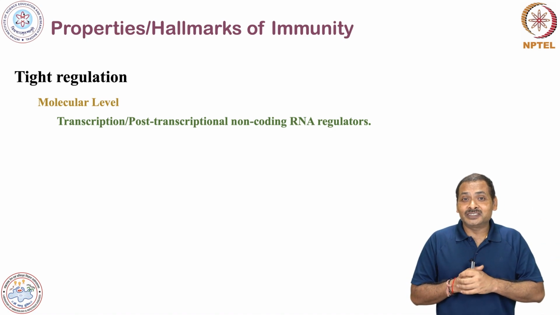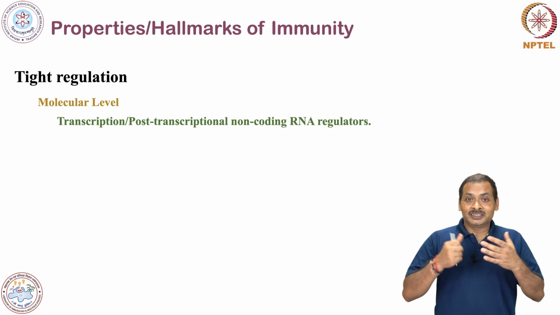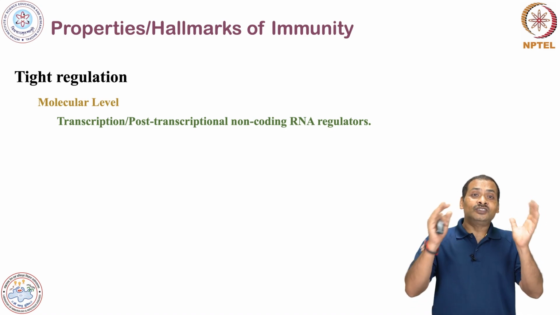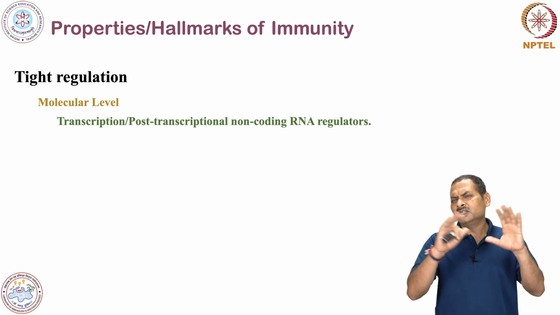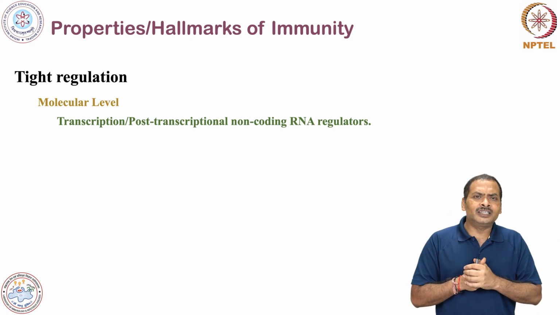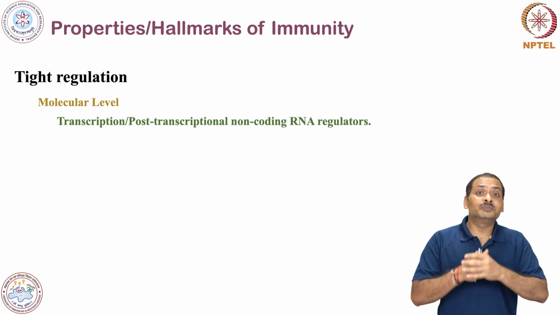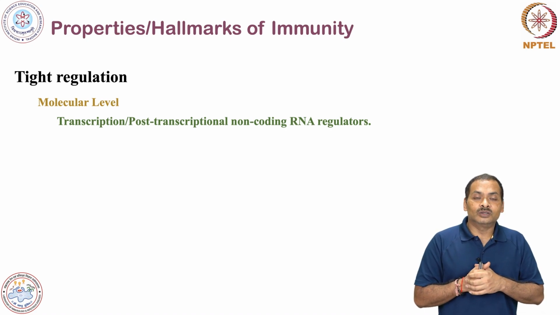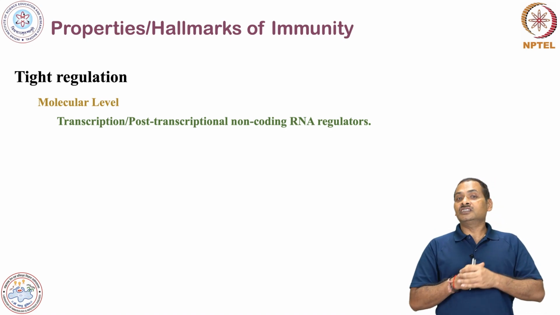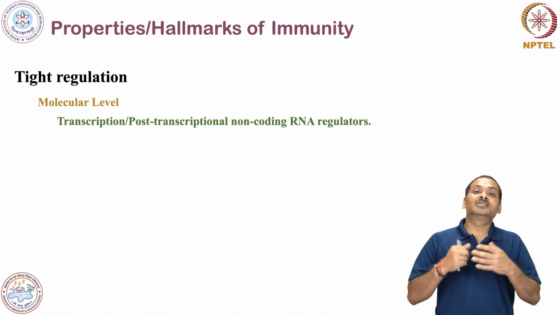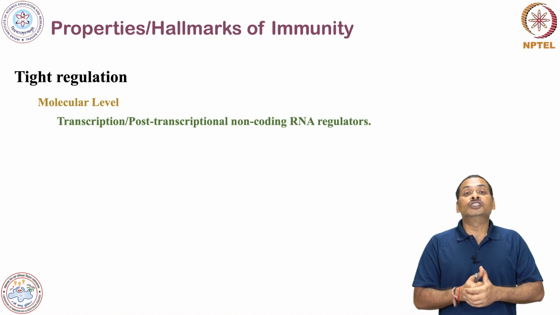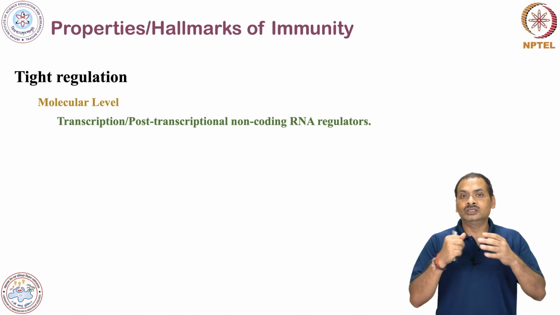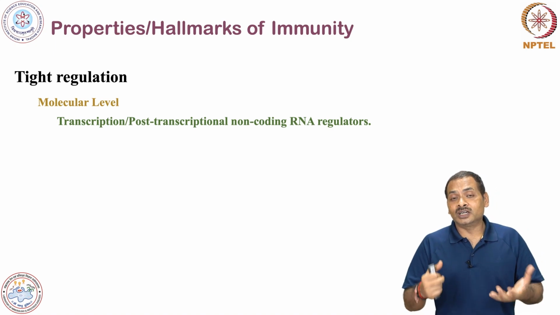Now it is very interesting that the rest of the genome is mainly involved in regulation, and that regulation is generally post transcriptional regulation, which is basically mediated by a variety of short and long or circular RNA.